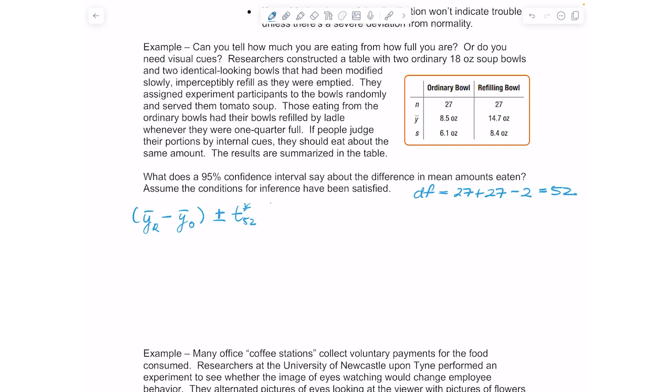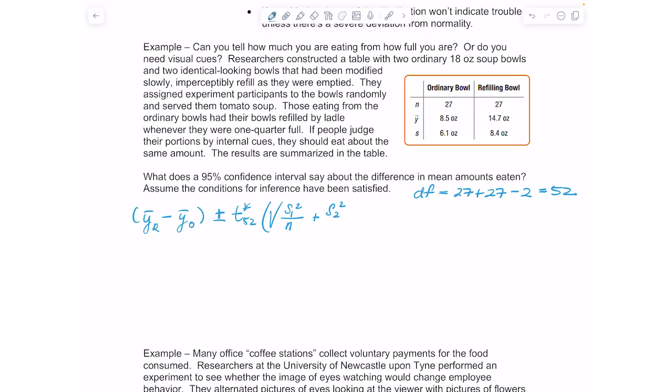And then you have your standard error, which remember is just going to be the square root of the standard deviation of your first set, so the refilled squared, divided by the sample size of the refilled, plus the standard deviation of your second set squared, divided by the sample size of your second set.